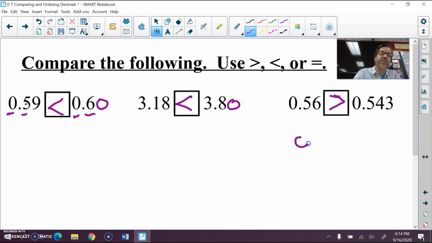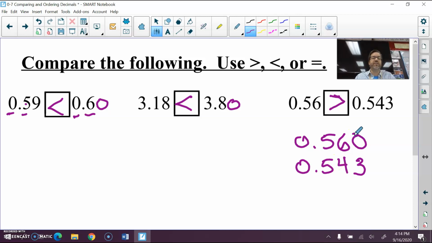And again, if you lined these up, and underneath it, 0.543, lining up the decimal points, I'd want to add a 0 right here. And then you can see, if you look at this as what it is to the nearest thousandth, we have 560 thousandths, which is greater than 543 thousandths. And so you can see, yeah, 0.56 is the bigger one.